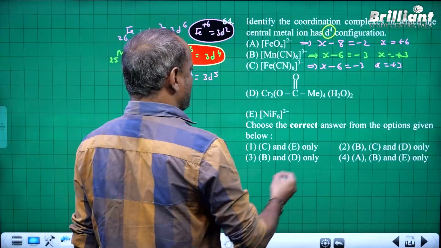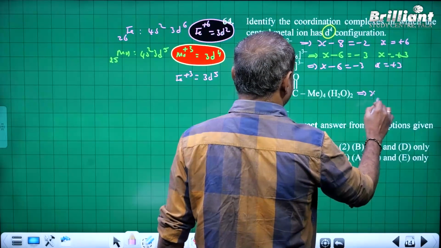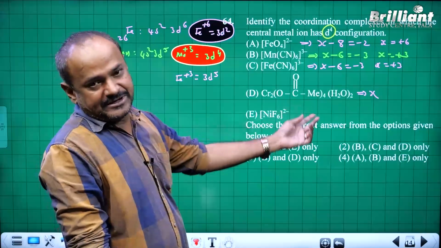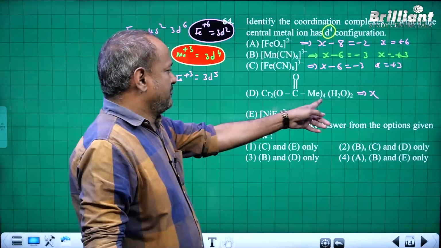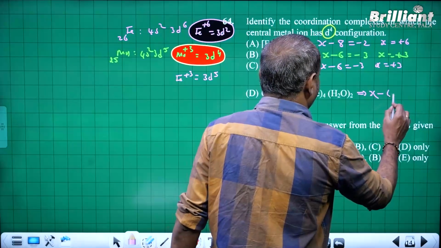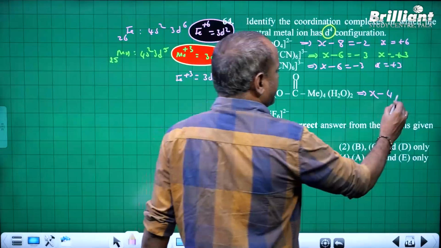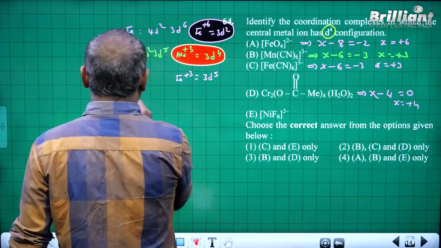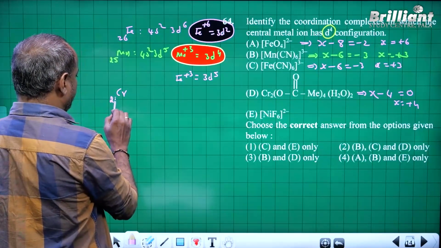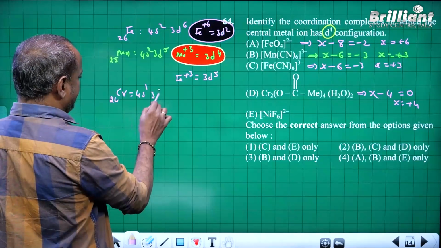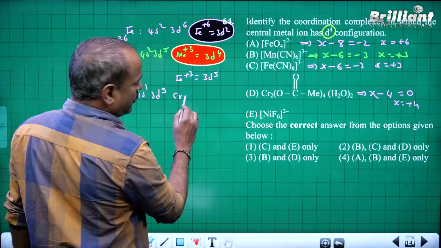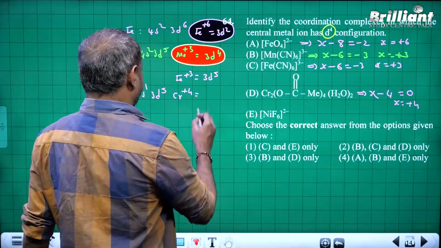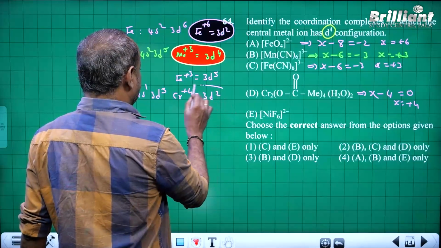Next one, chromium X, this acetate CH3COO minus 4 units: x minus 4, water 0, x equal to plus 4. Chromium 24, parent 4s1 3d5. Now requirement chromium plus 4: 1 plus 3 loss, 3d2 balance.